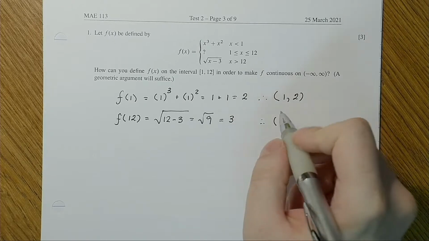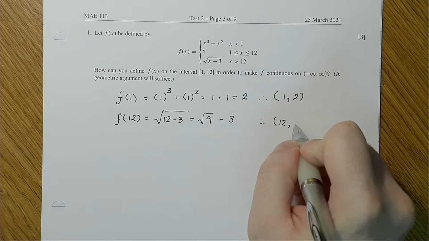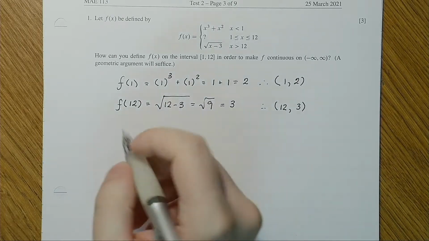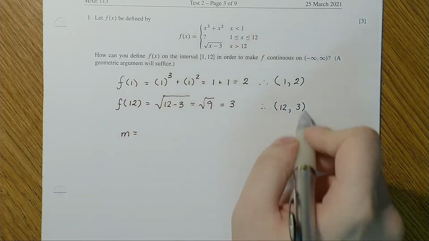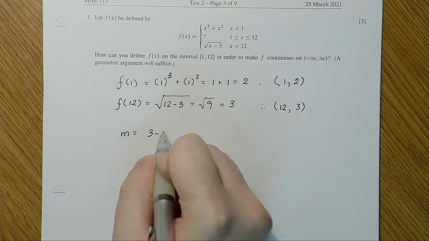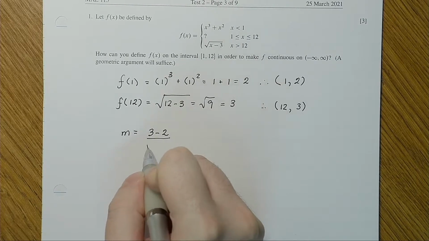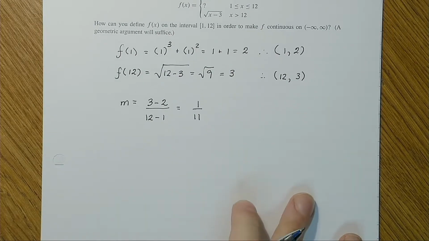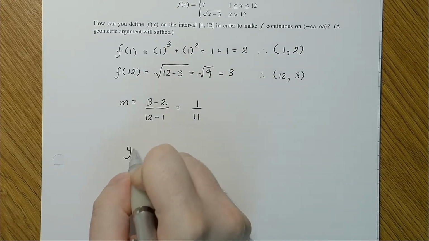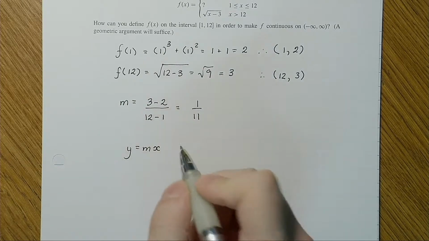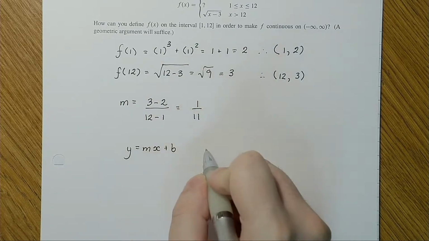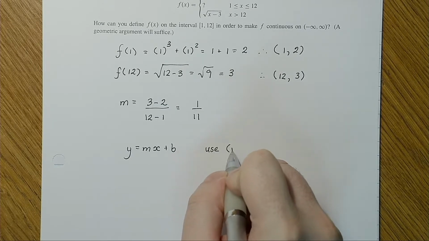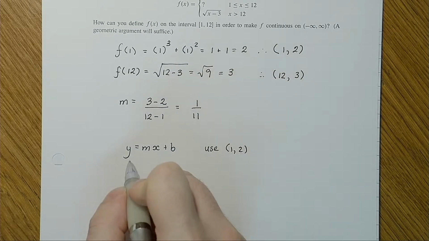Therefore, the second point I need to connect is (12, 3). The slope is the difference between the y's, so 3 minus 2 over 12 minus 1, which is 1 over 11.